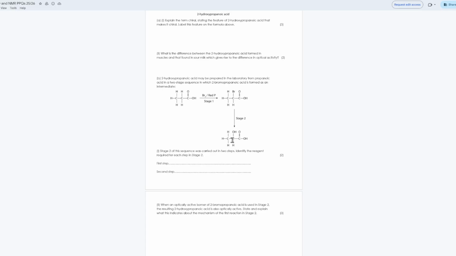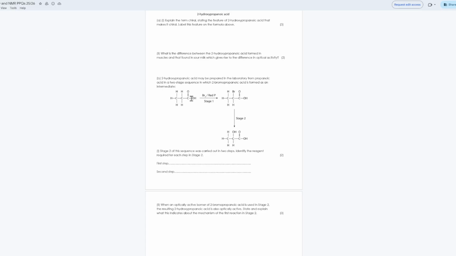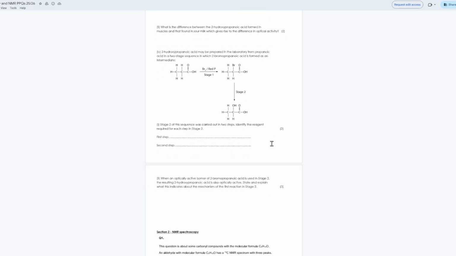Well, if we look at it, there is definitely not a carbocation intermediate because there is no ion, but there is an intermediate, which is the 2-bromopropanoic acid. So this is reminiscent of something we have seen. It's just a two-stage mechanism. There's no little nuance thing in this. I think it's just that.